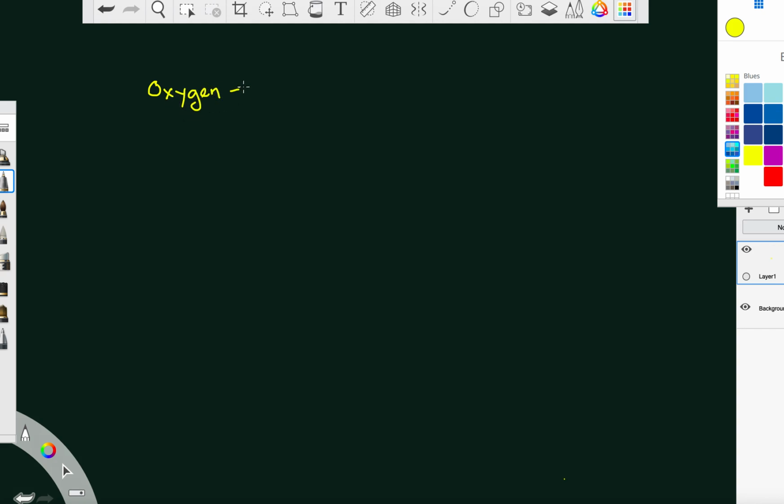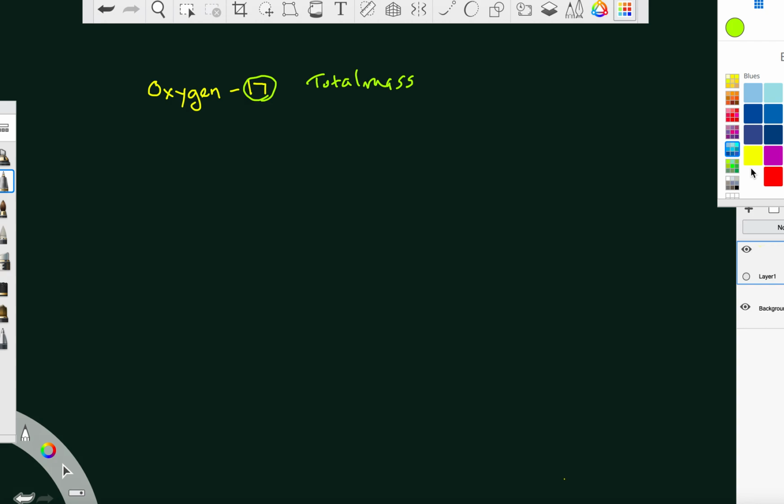If I want to talk about oxygen 17, this 17 here, this number right here, is telling me the total mass of this particular isotope.